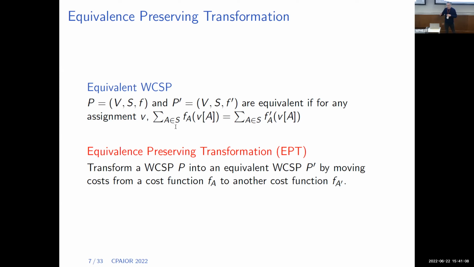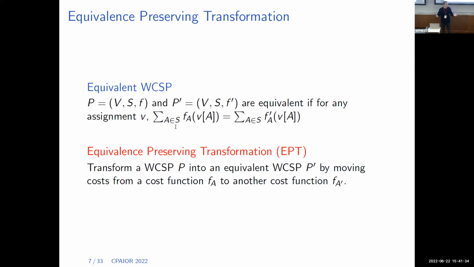So we can take one WCSP and get an equivalent WCSP by applying what we call equivalence preserving transformations, or EPT, that we will use many times during the presentation. It is basically a move of cost from one cost function to another, and we will use this to get lower bounds.